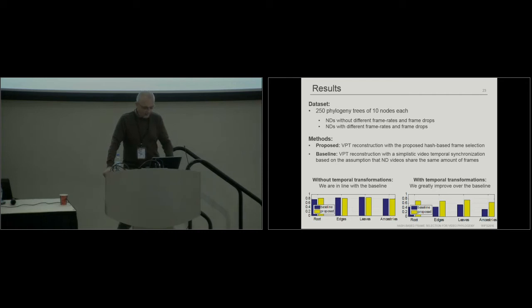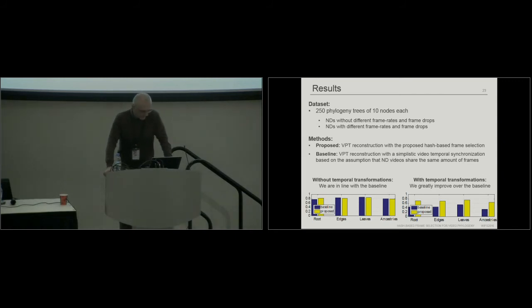Each set of duplicated objects is composed of 10 elements, therefore 10 nodes. And we have considered part of this data set that includes also frame rates and frame drops, and another set that does not contain frame drops and frame rate changes.